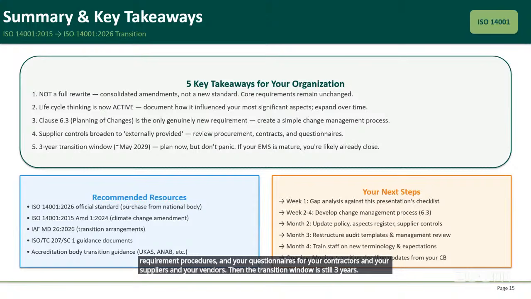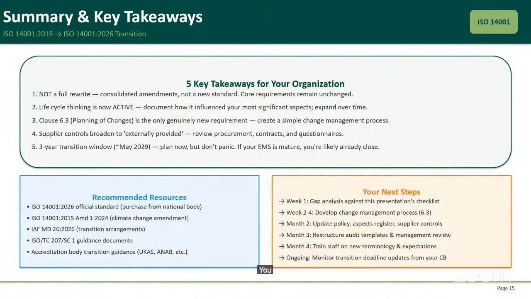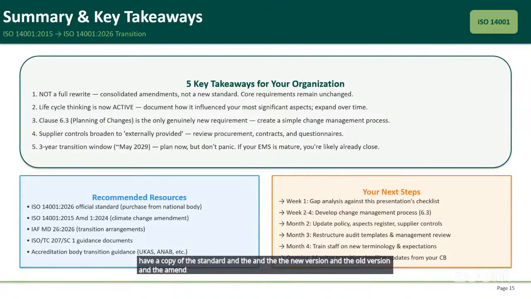Plan now, don't panic, take it one step at a time, and ensure that you update, review and improve your environmental management system in line with the new version of the standard, which is ISO 14001:2026. If you have a mature system, you are already close. Then recommended resources. I have a copy of the standard, the new version, the old version and the amended climate change amendment.